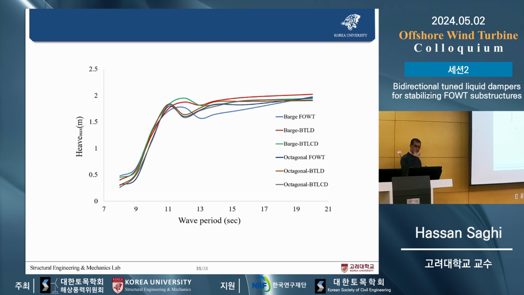Okay, so at the first step, we found the optimum BTLD. The next step, optimum BTLCD. Finally, optimum octagonal. We integrated the different cases together. Here you can see the final figure. Here are only the barge cases. The original FOWT is the first one, then the integrated barge with BTLD, barge with BTLCD, octagonal without BTLD or BTLCD, octagonal with BTLD, and octagonal with BTLCD.